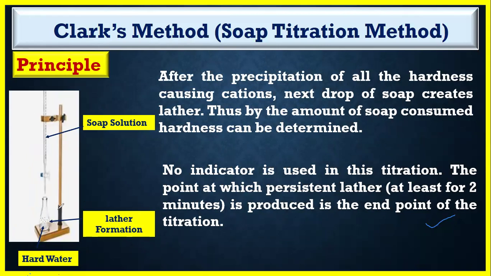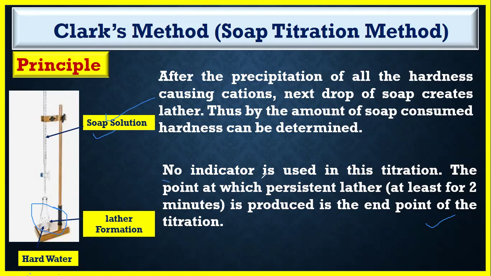Therefore, now this water can form lather with the soap solution. So it is very clear that the amount of calcium and magnesium ions present in the hard water sample is directly proportional to the volume of soap solution used for the titration. Therefore, we can determine the hardness by estimating the volume of the soap solution consumed during the titration.